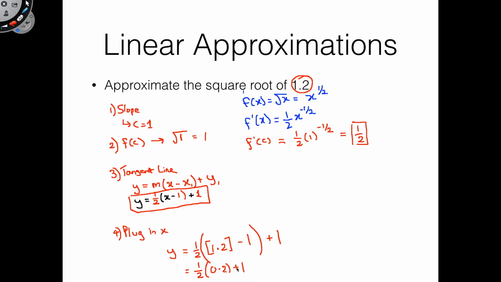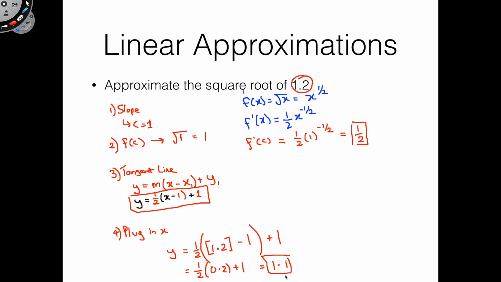Half of 0.2 is just 0.1. So 0.1 plus 1 is just going to give us 1.1. That's our approximated value for the square root of 1.2.